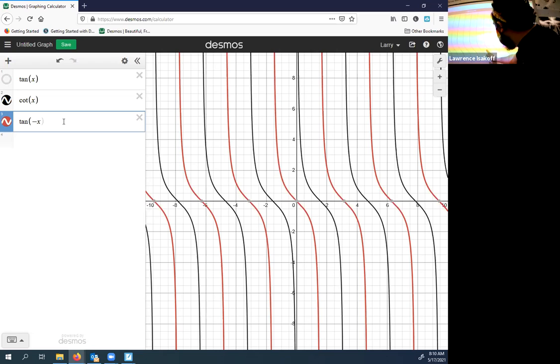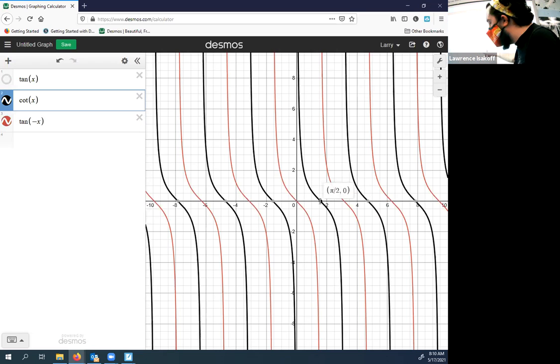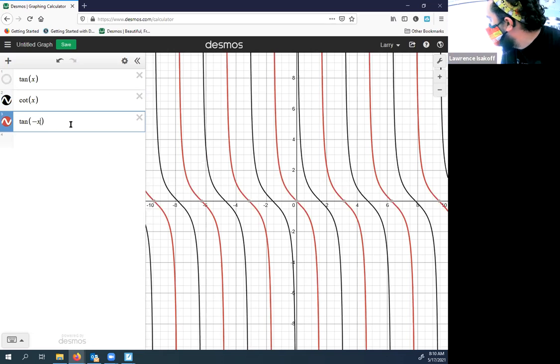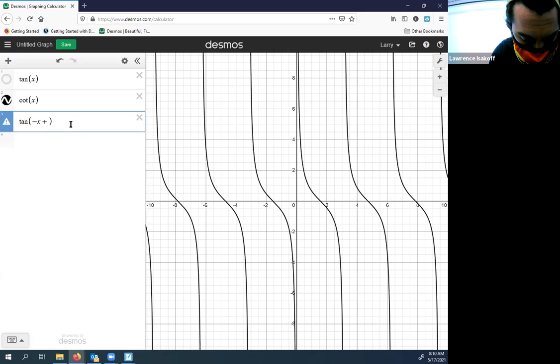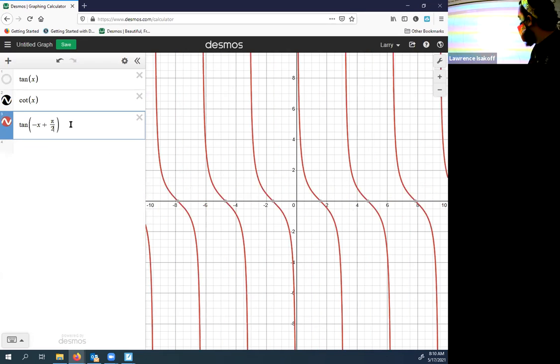And then I need to move it, doesn't matter left or right. How many units? Pi over 2, half a phase. So I can be like, oh, plus pi over 2. And all of a sudden, tangent and cotangent become the same graph.